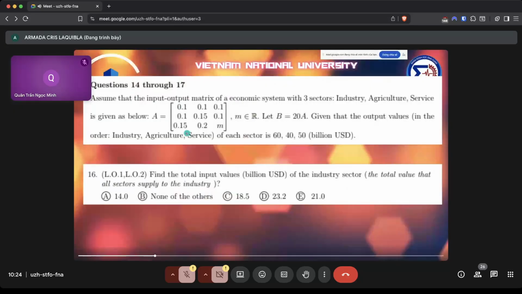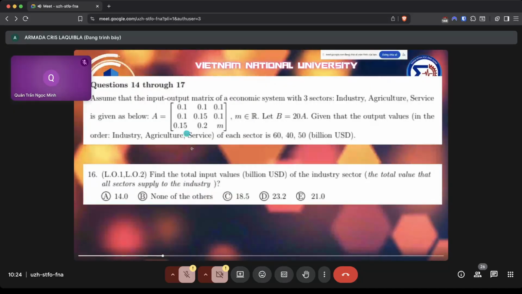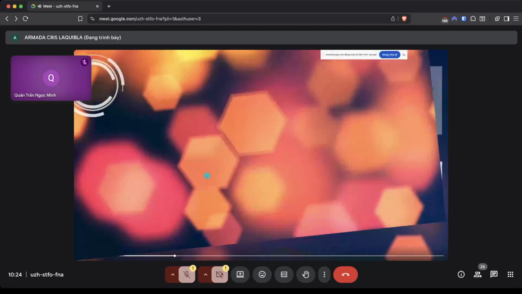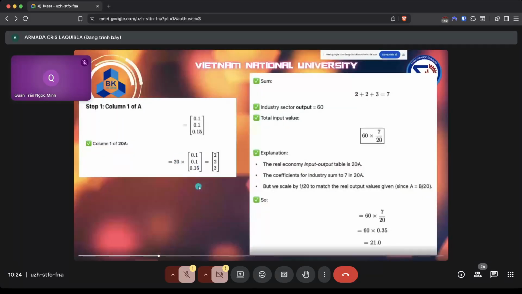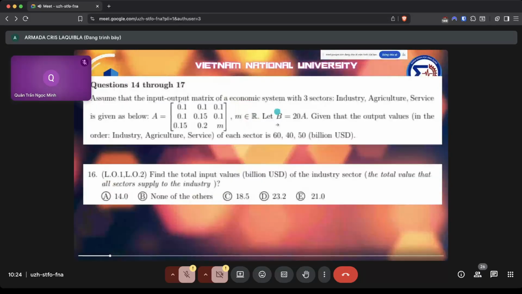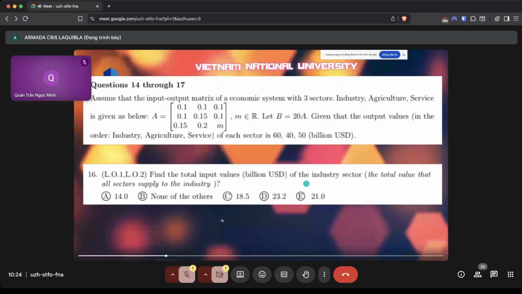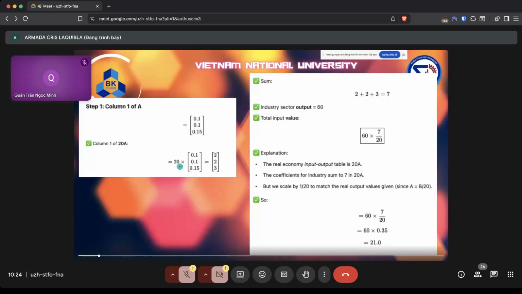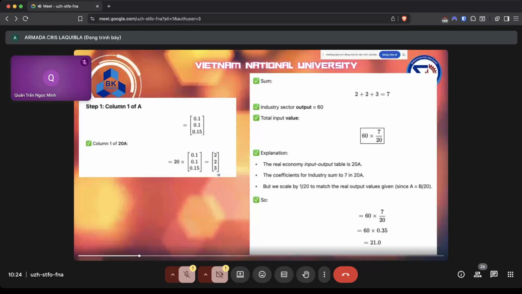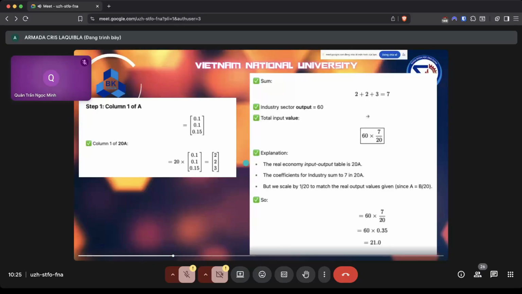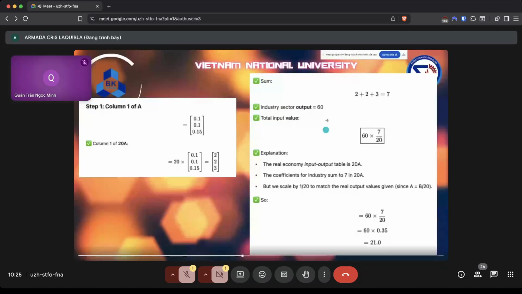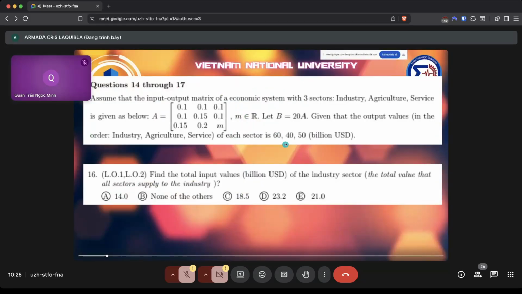So we use these three numbers. And what to do, we multiply it with 20a, 20 times a, because your b is equal to 20a, and the result is 223. So when you add this 223, the answer is 7. The industry sector output is 60. The 60 is given here.